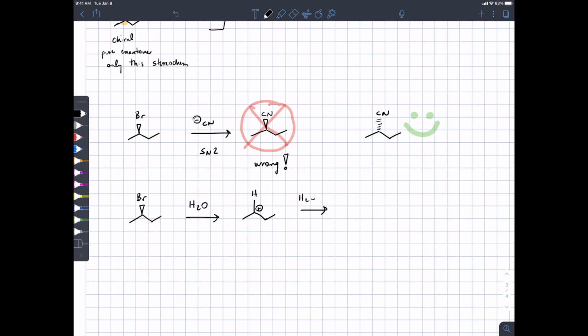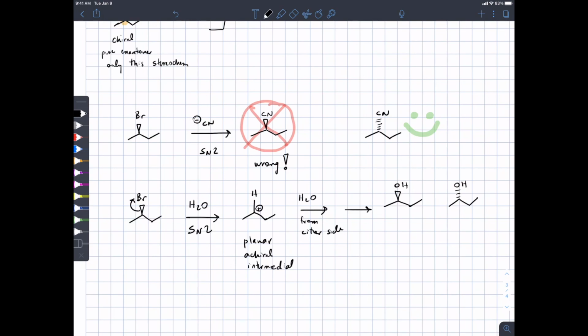Then the nucleophile can add from either side, and ultimately we get both enantiomers of the product. We go through a planar achiral intermediate.